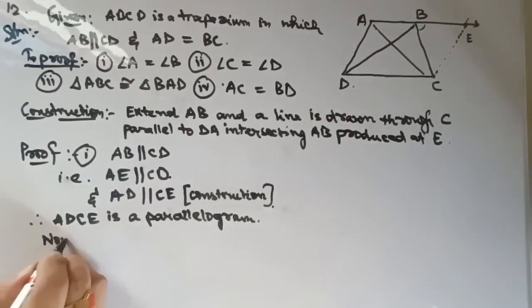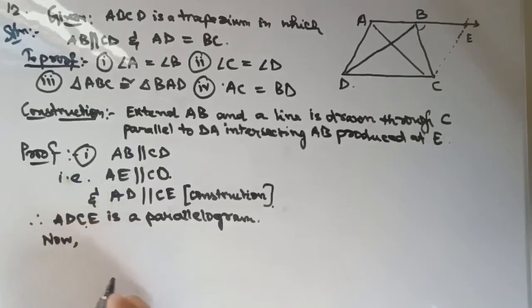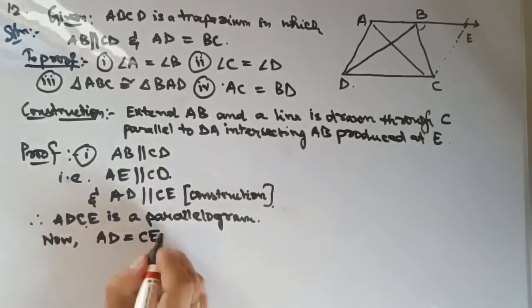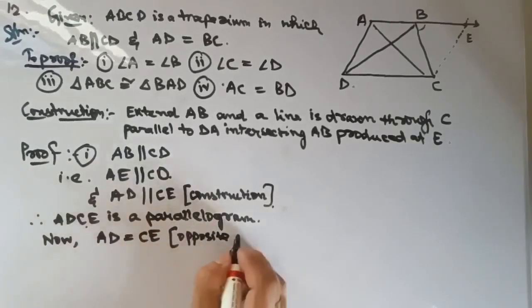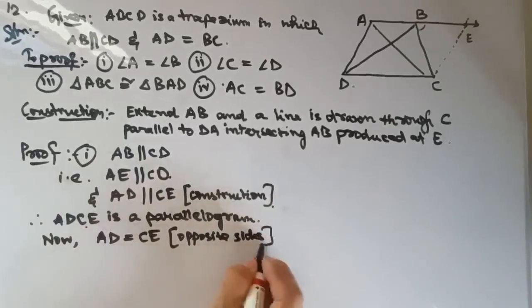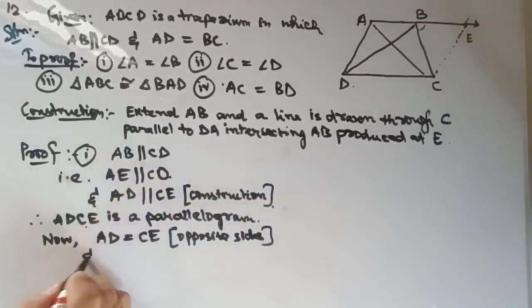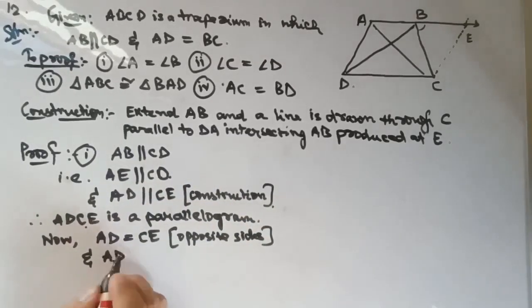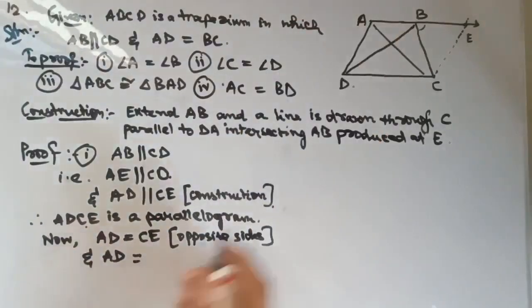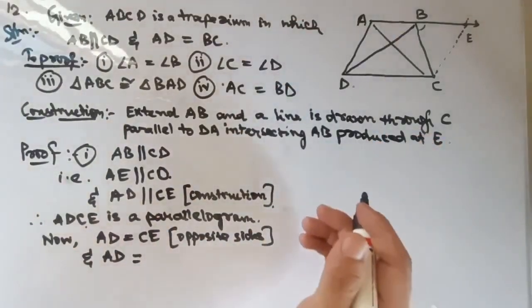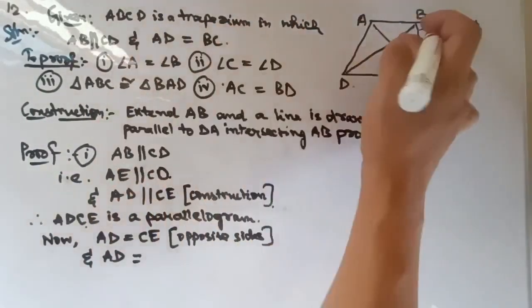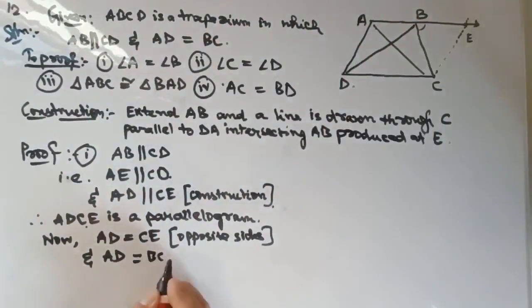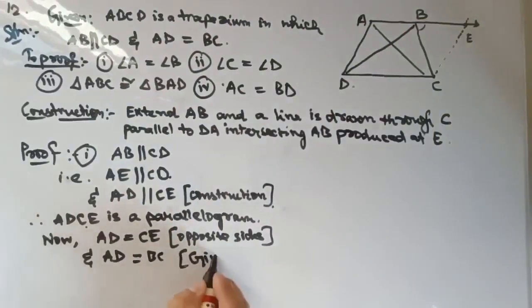Now, since ADCE is a parallelogram, side AD is equal to side CE. That is, these are the opposite sides of the parallelogram. And also side AD is equal to side BC, which is the given information.